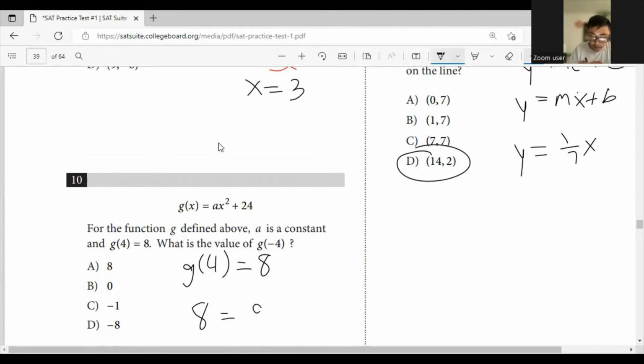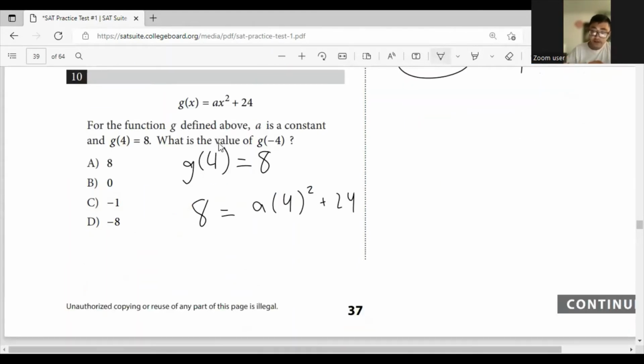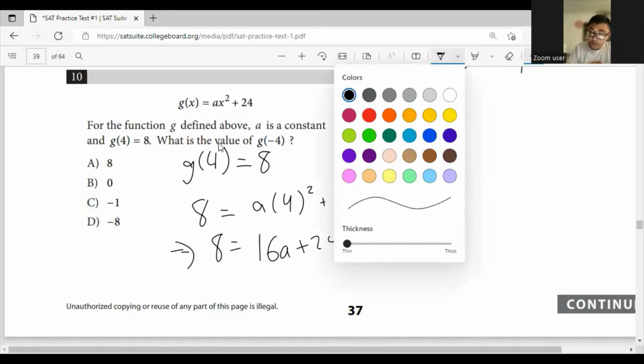So we have a times 4 squared plus 24. Now we just need to solve. So 4 squared is now going to turn into 16. So 8 equals 16a plus 24. Now I just need to solve for it. So I'm going to subtract 24 on both sides.